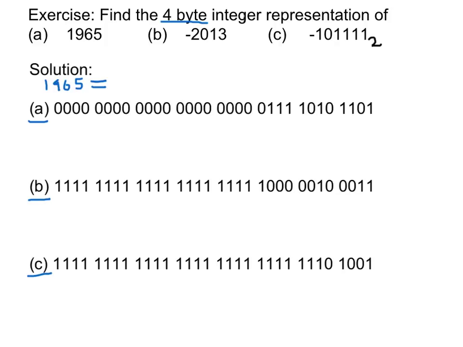So to convert it to hexadecimal, it's 7AD base 16. And then if you want to go from hexadecimal to binary, you replace each digit by its 4-digit binary equivalent and you'll get 0111 1010 1101. And that's the binary number for 1965.